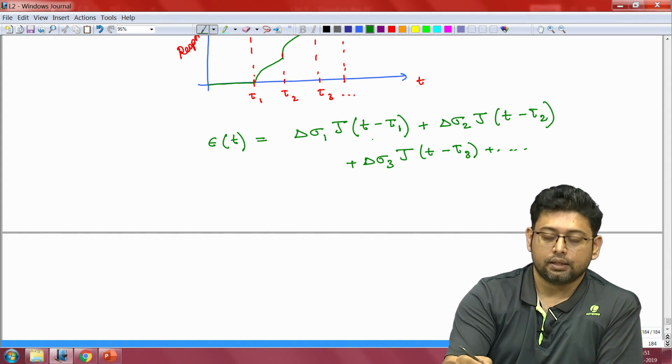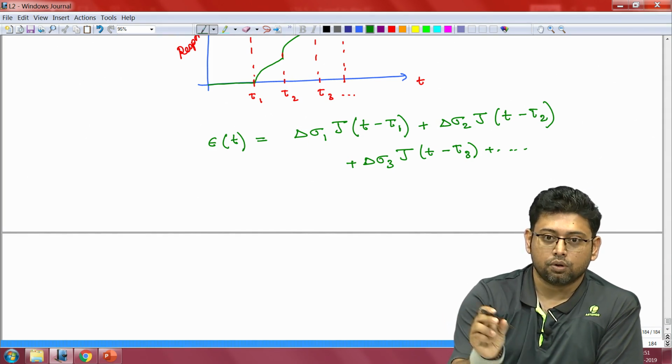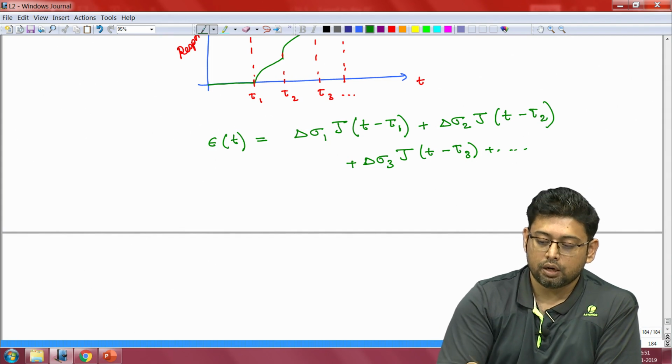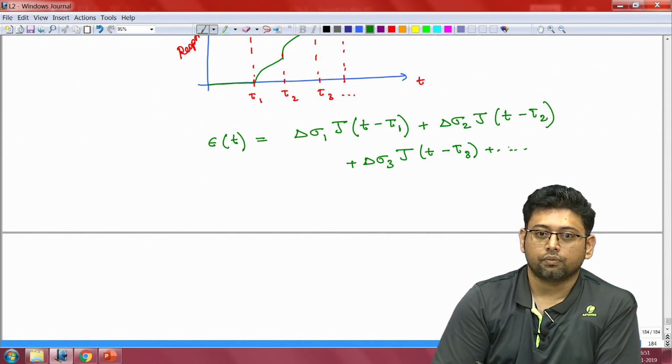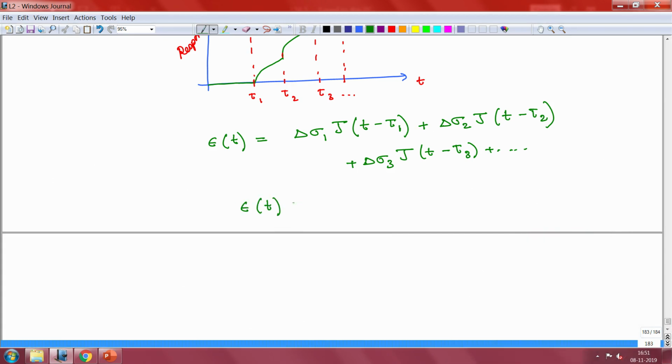You are trying to take a system such that this delta sigma keeps going to 0, keeps becoming infinitely smaller, then what happens, right. So, this generalization will get you here. Some people write it as minus infinity to t, some will write it as 0 minus, it depends on how you are defining it.